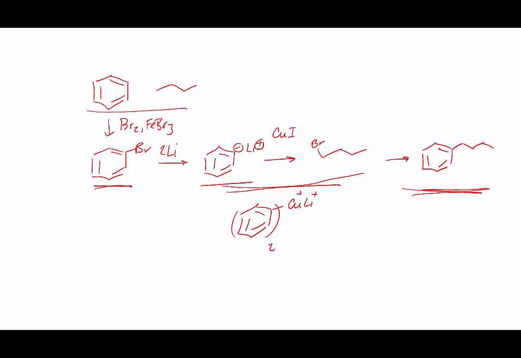Kevin? Why do you need the copper? Why doesn't the organolithium SN2 the bromine? Because it just doesn't. Okay. Those molecules don't undergo SN2. When I make a copper out of them, I actually change the mechanism to something that looks more like a free radical mechanism.